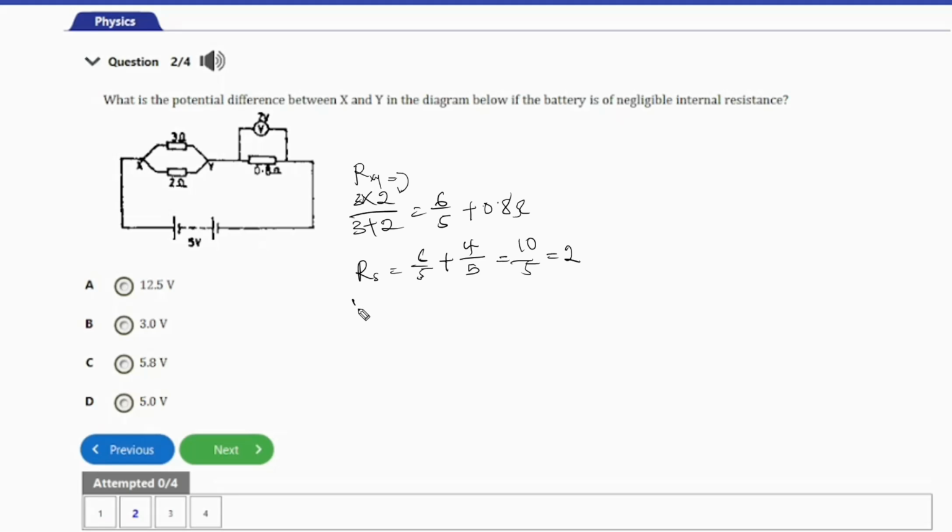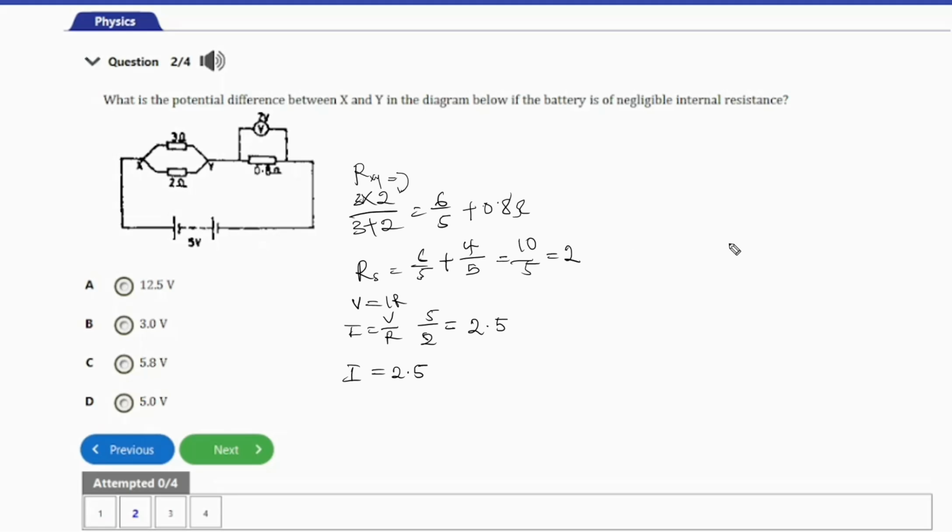We can now find the current using V is equal to IR. So when we do this, we have that I is equal to V over R, where the V is 5 and R is 2. So 5 over 2 will give us 2.5. So in that case, I is 2.5.